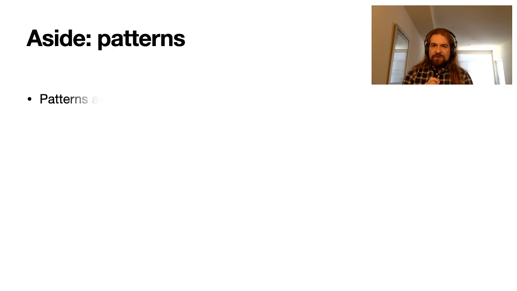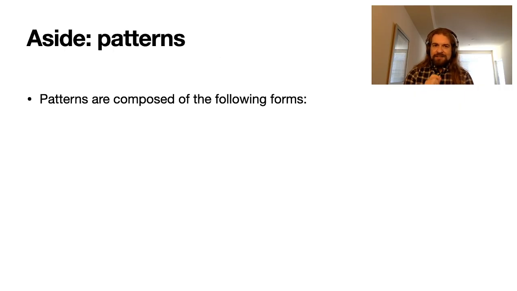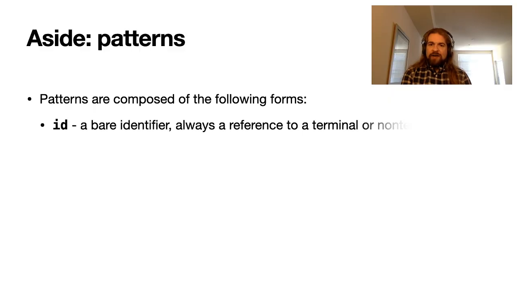Before we get into that, though, I'd like to take another slight aside and talk about patterns in the language. These are the patterns that we use for defining the productions of the language. We have a handful of them. We have a bare identifier. Remember that I mentioned at the beginning that the only location where we can have a bare identifier that's matched exactly is that first position.